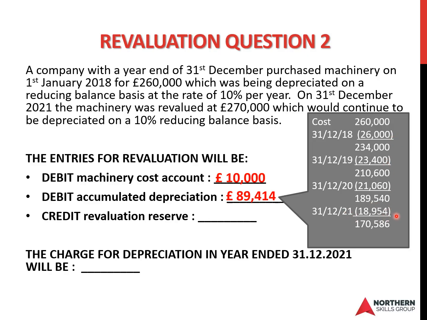And as I say, the important thing this time is to remember that the depreciation for the year to December 2021 has got to be calculated on the old basis before the revaluation takes place. So the total depreciation that we want to get rid of, 89,414, the balancing entry of 99,414 goes to the revaluation reserve, and the depreciation charge for the year will be this one based on the old values before the revaluation takes place.